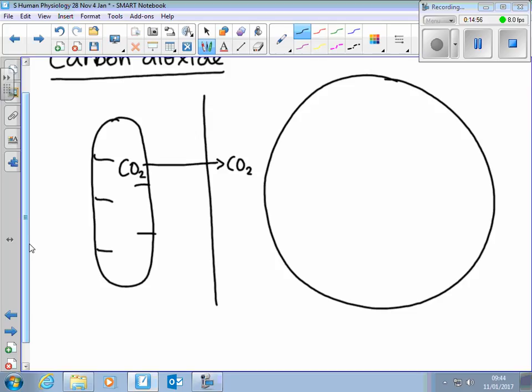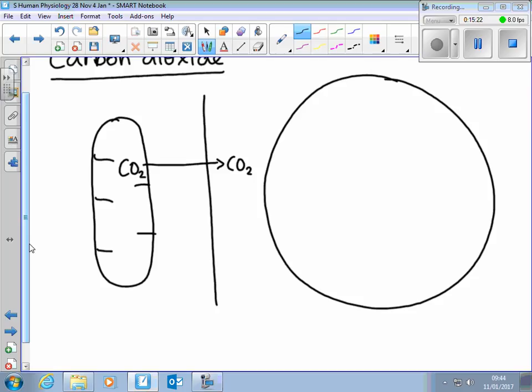Ten percent is actually carried inside the red blood cell. So although I said that it's not significant, 10% of the carbon dioxide produced goes in the red blood cell. But the other 85% is what I'm going to concentrate on here. Now, that 5% in solution is literally just dissolved carbon dioxide.